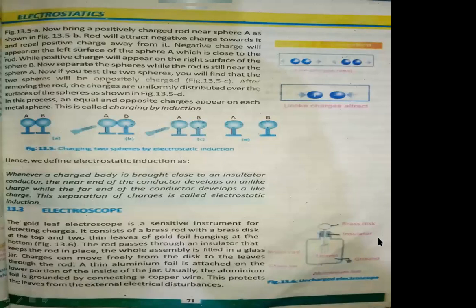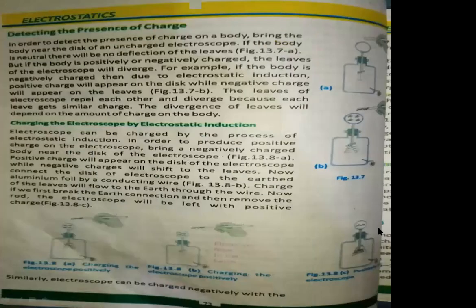Okay. So I told you the gold leaf electroscope is used for the detection of charges. First of all, this is the neutral body, figure 13.7. In order to detect the presence of charge on a body, bring the body near the disk of an uncharged electroscope. This is an uncharged electroscope because there is no charge on it.